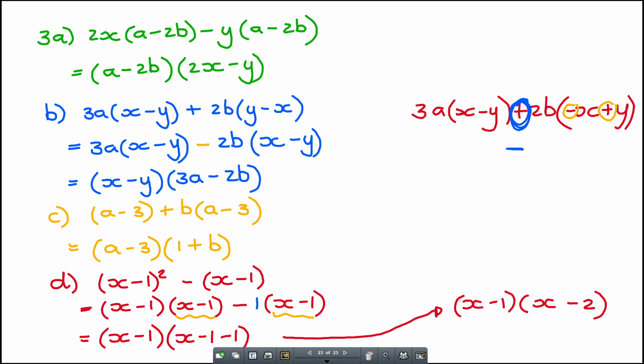So technically it looks like this, positive 2b, and then I take out a negative. So this must still be multiplied with negative and then x minus y. But then that positive 2b with this negative will become a negative 2b.